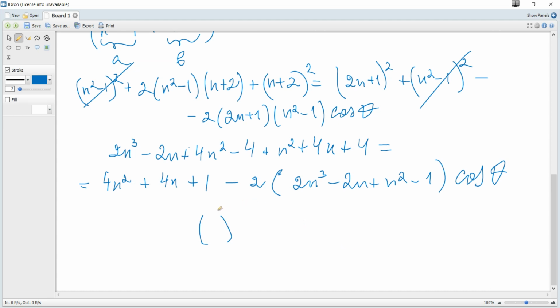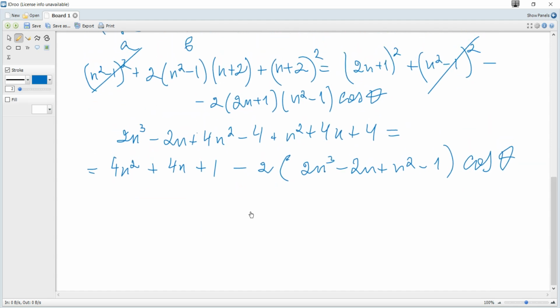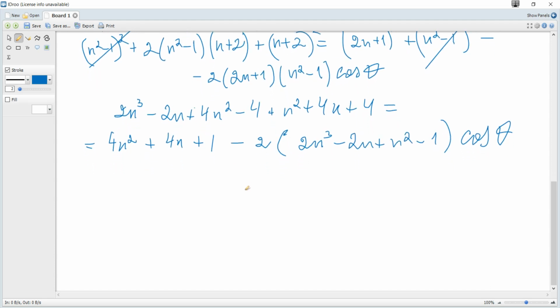And definitely we should move these terms to the left and simplify. So what about n cubed? It's just 2n cubed.